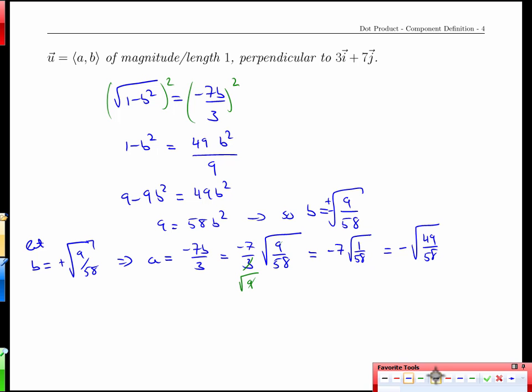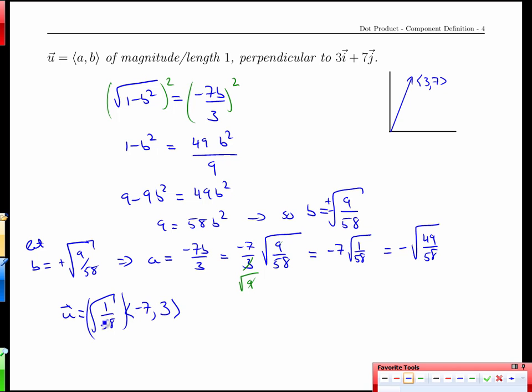Now what do these look like though? Again, going back to our picture about the vectors, we have the 3, 7 vector. That's the one we started with. And what we have now is our u, which, it turns out, both components have a 1 over 58 square rooted with it. The a is a minus 7 times that, and the b, if I brought that out front, would be a 3 times that.